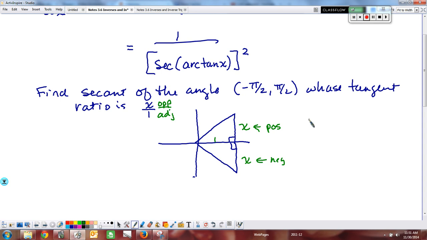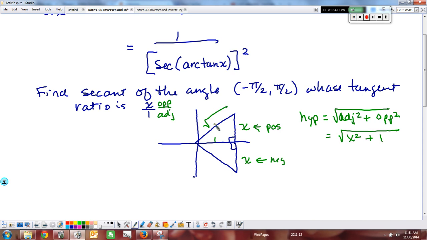And then to find the hypotenuse, it is the square root of the adjacent squared plus your opposite squared. So square root of x squared plus 1. And again, it doesn't matter whether x is positive or negative because we're squaring it here. So this would give me the same hypotenuse in either case.